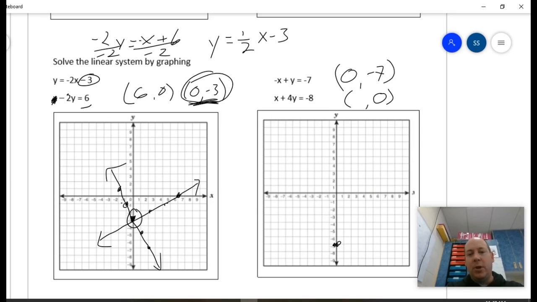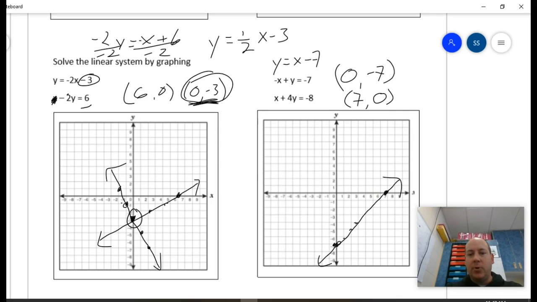Well, or we could read that as the opposite of x equals -7, so that would be +7. So that's my x-intercept. Again, I could rewrite that as y equals x minus 7 and use that as my slope and y-intercept as well. So depending on what you're comfortable with, what's easiest for you, that would be our graph.